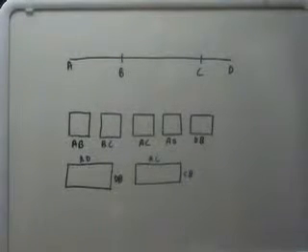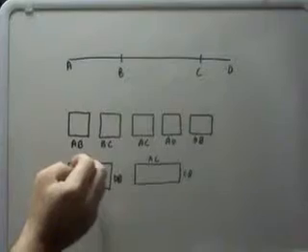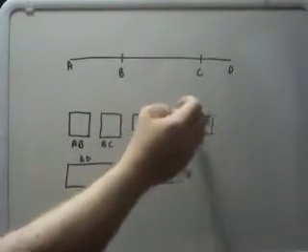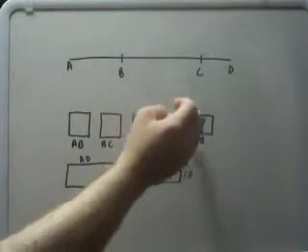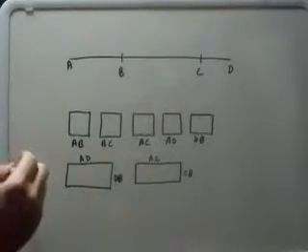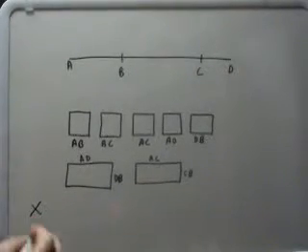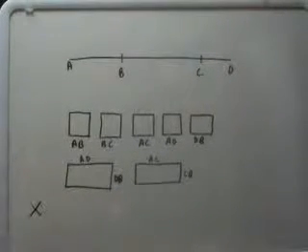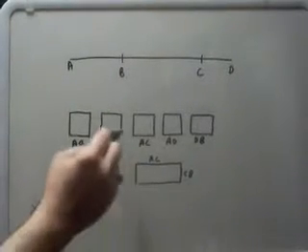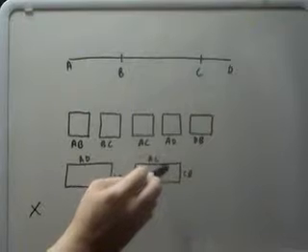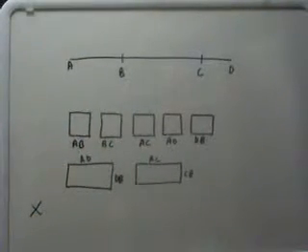So, let me recap. If we subtract twice the area of this from this sum, whatever number we get, which we're going to call x, is going to be the same amount that we get if we subtract twice the area of this from this, and we'll still get x.